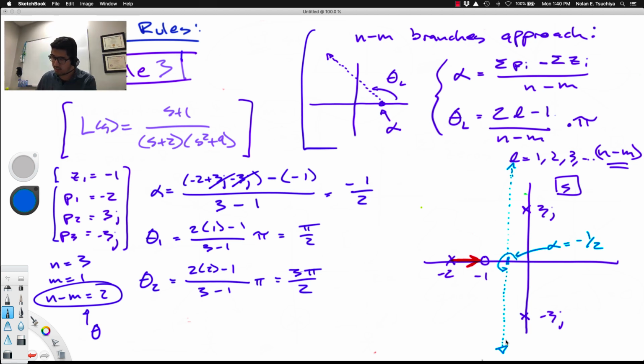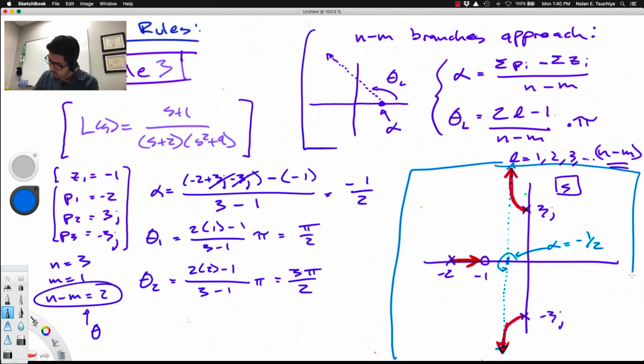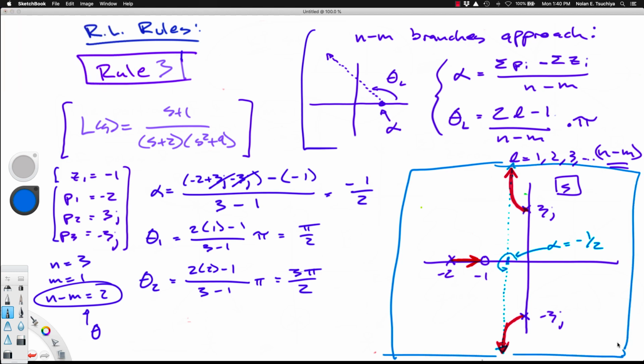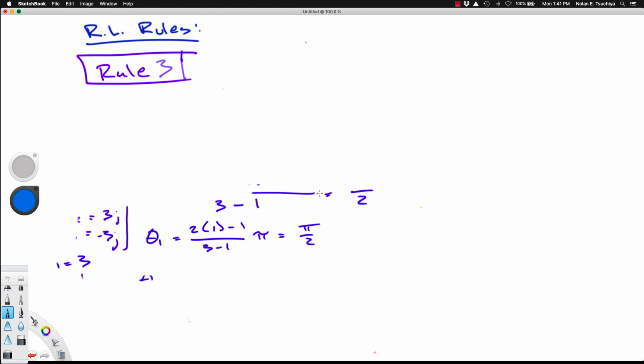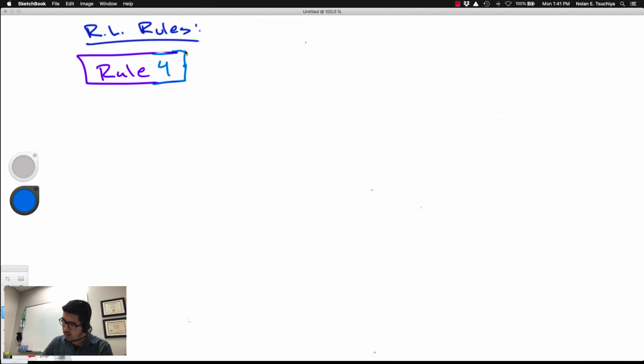Those are the 2 asymptotes, and now we have a clear picture of how these two branches approach infinity. They approach along those asymptotes, like so. This picture is a much more accurate and complete root locus plot. Four out of the 6 rules done.